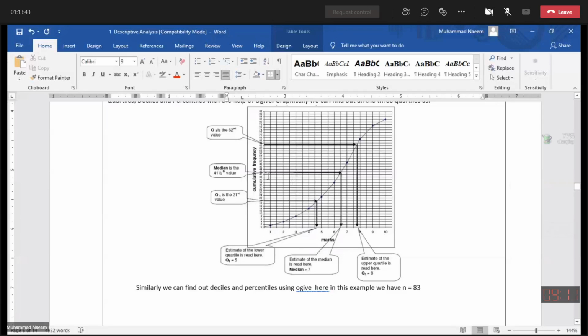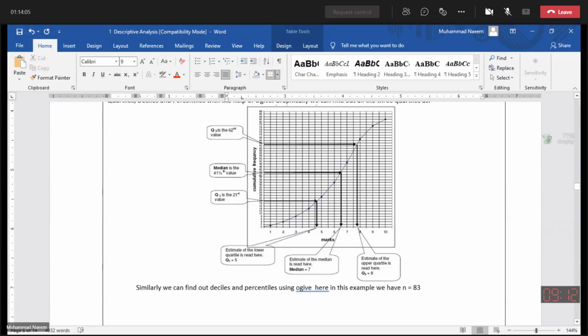For median, we need to calculate n by 2. Again, we need to calculate the corresponding ratios. For median, we need n by 2.